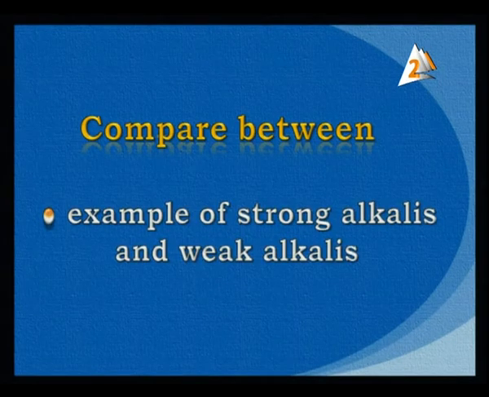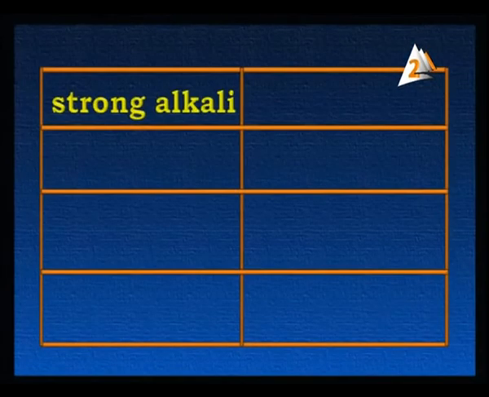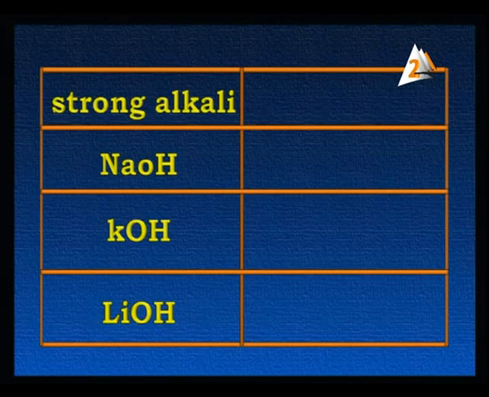So we have another part of this comparison: examples of strong alkalis and weak alkalis. We have the table like this, with the strong alkali here: NaOH, KOH, LiOH. Any one of group 1 of the periodic table is called an alkali. So we have sodium hydroxide, potassium hydroxide, lithium hydroxide, rubidium and cesium hydroxide. Any one of them is called a strong alkali.